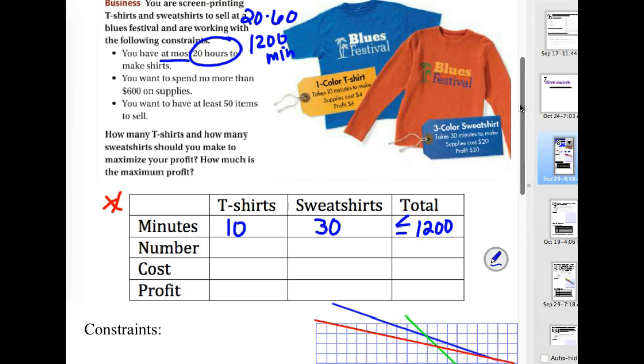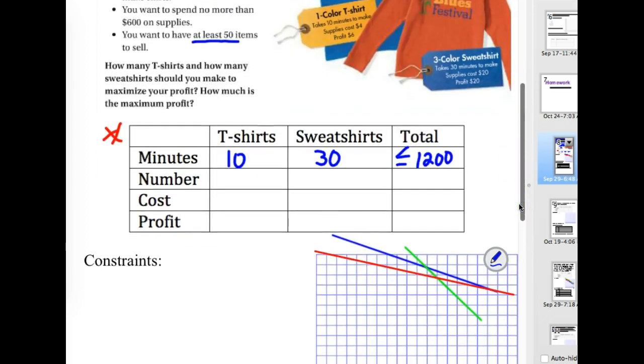In terms of the number of items, what are we told? We want to have at least 50. Okay, so total number of items, I want to be at least 50, greater than or equal to 50. What does it cost to make them?